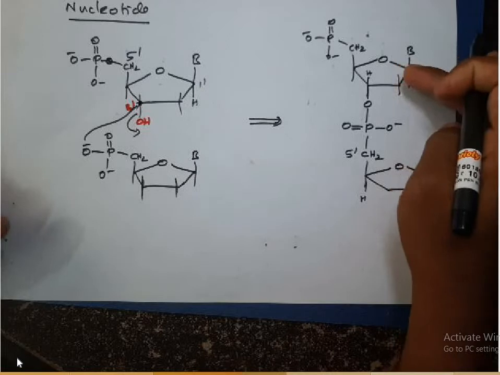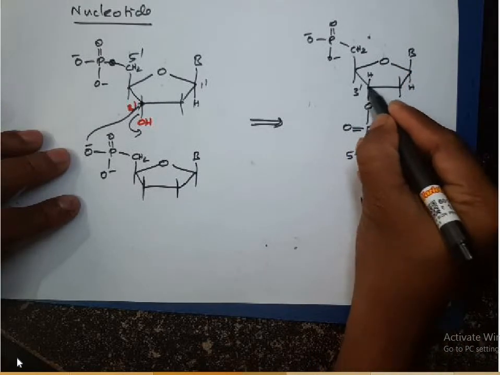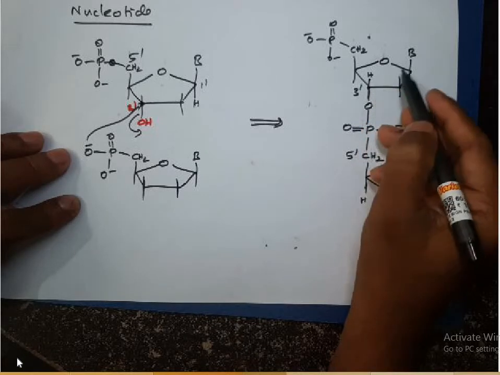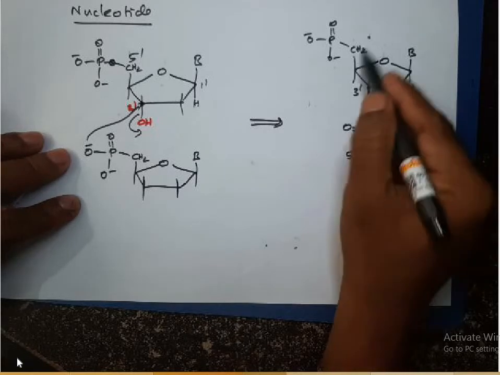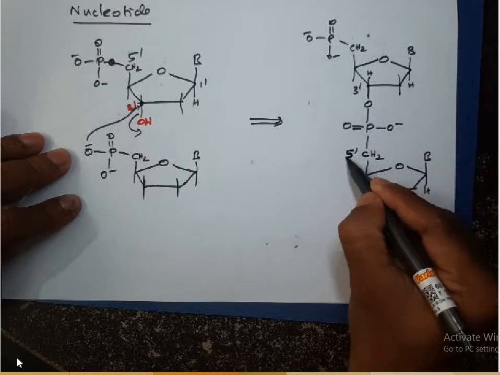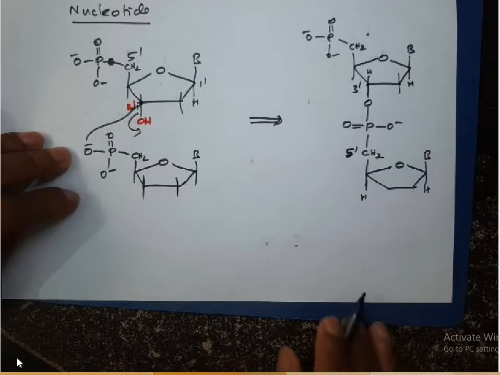Between one nucleotide and another nucleotide, what is the connection? 3' carbon of ribose in one nucleotide is connected with the 5' carbon of ribose in another nucleotide through a phosphate.